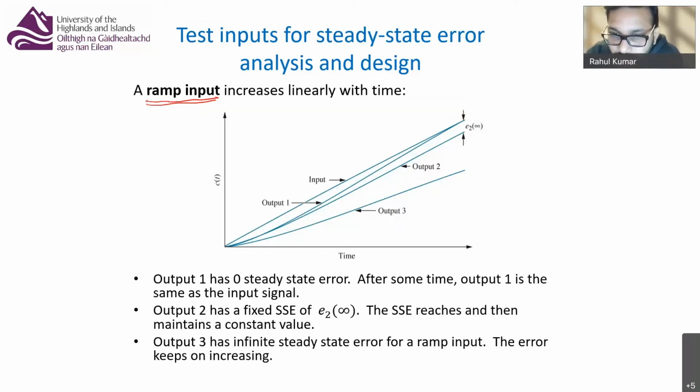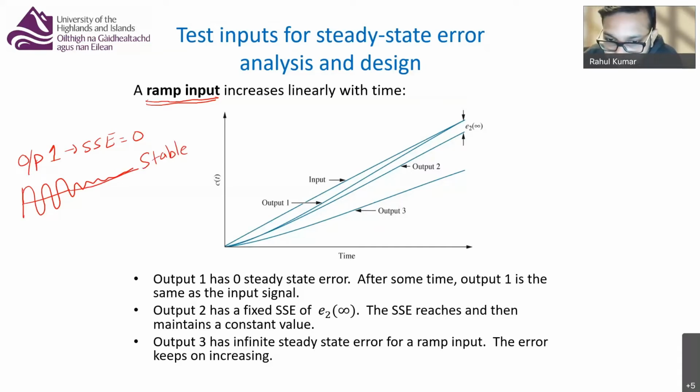So for output 1, my steady state error is 0. That means initially there was some oscillation, or my error was there, but then gradually it reduces. So if the steady state error is 0, my system will be stable.